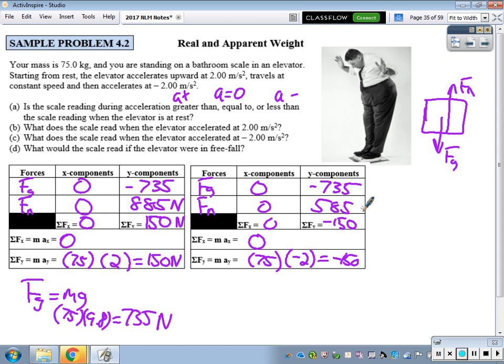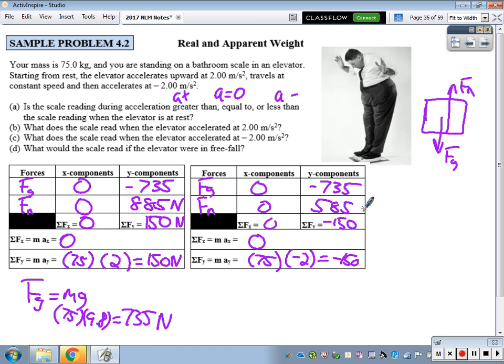One last little bit. What would the scale read if the elevator itself and the scale and you were in free fall? I know we would have greater life issues if all of us are accelerating at a downward rate at -9.8 meters per second squared. But in that moment of clarity that I know you would have, what would the scale read?